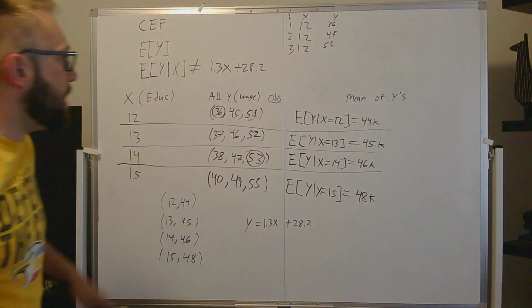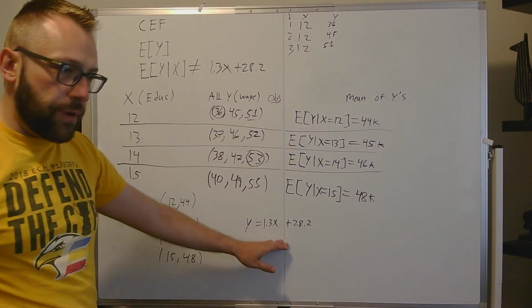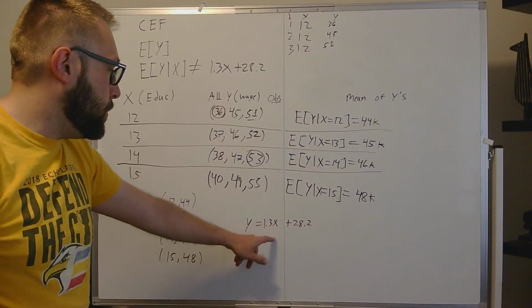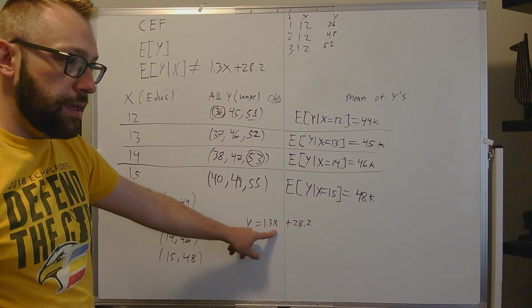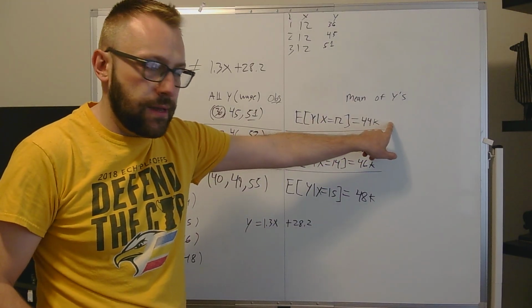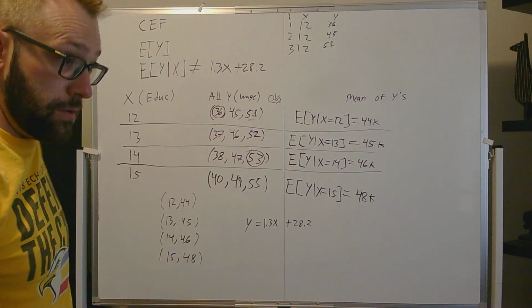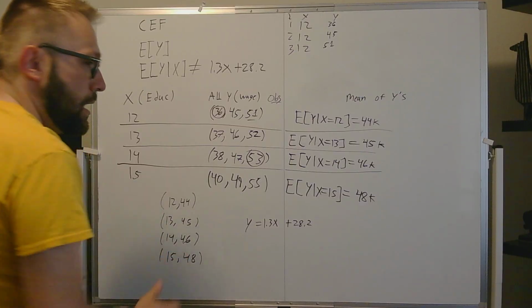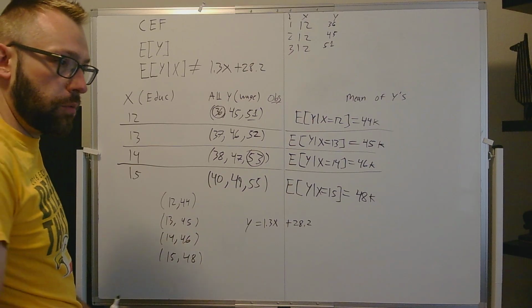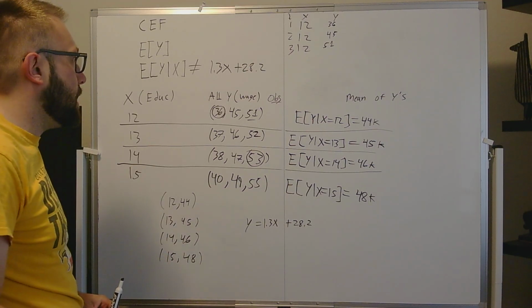That is to say that our regression line is the line of best fit. But if you plug in 12 into the X here, you're going to get $43,800 a year, not $44,000 a year. And so I want to draw that distinction now so that you guys are aware of it as we move forward. For now, I'm going to leave you with that to stew.